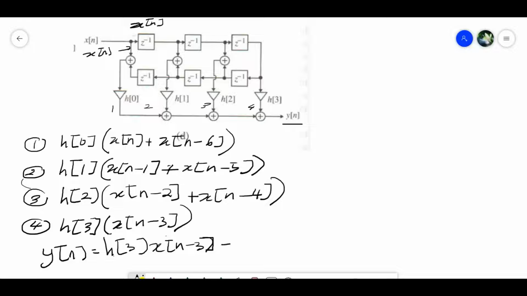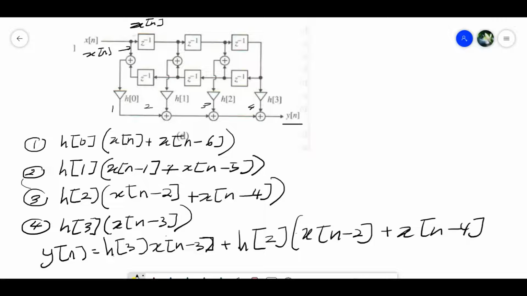I don't mind which brackets you use, just make sure it's consistent. Plus H2 times x n minus 2. Let's write like this: H2 times x n minus 2 plus x n minus 4.